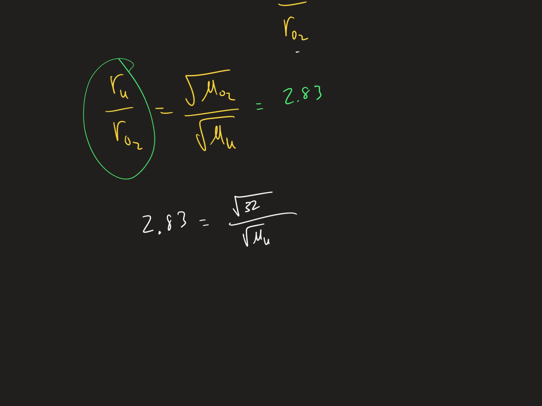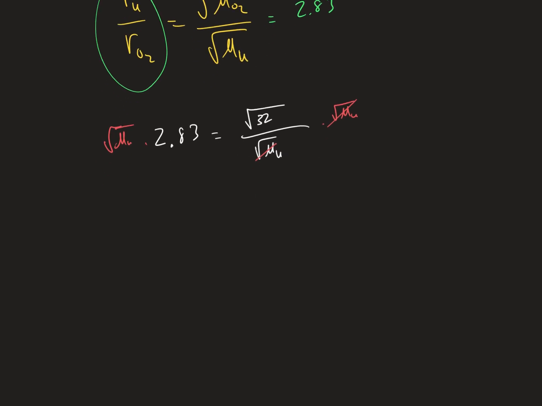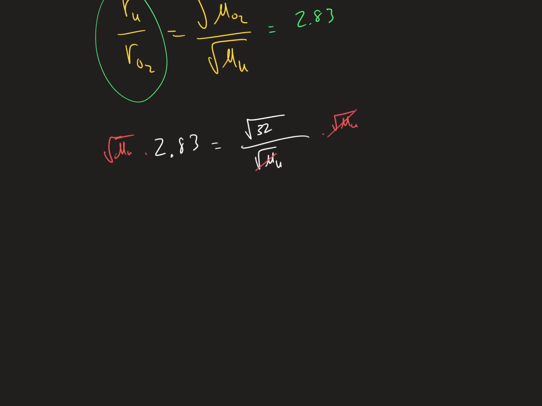So now we can multiply both sides by the square root of the molar mass of our unknown gas. And we want to get our unknown gas all by itself. So what do we do? Divide both sides by 2.83.